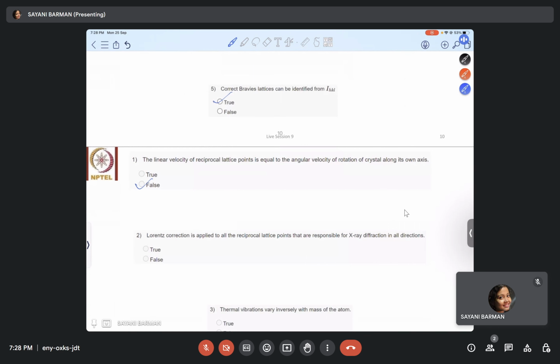So this Lorentz correction will help you to get the accurate measurement of the diffracted intensities, especially at large scattering angles. Also, it will give you the step value in the data collection process. So it's true.